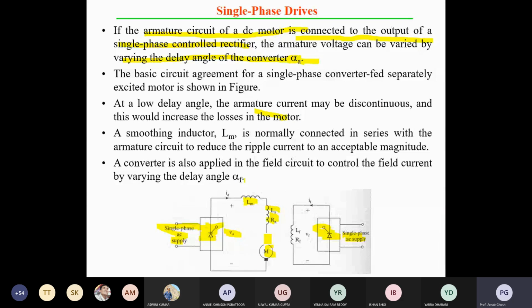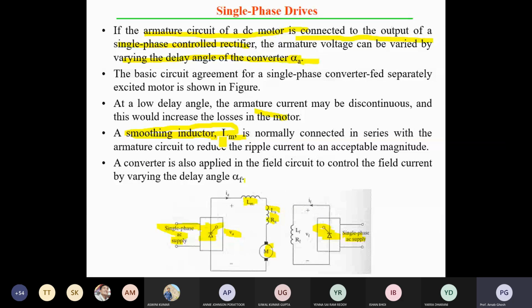Okay, so another thing is that LM is called the smoothing inductor that I told you in my last class. So normally smoothing reactor means, you will get some pulse DC, na? So it is the pulse DC. If you pass that DC through the smoothing reactor, you will get the constant value of DC.